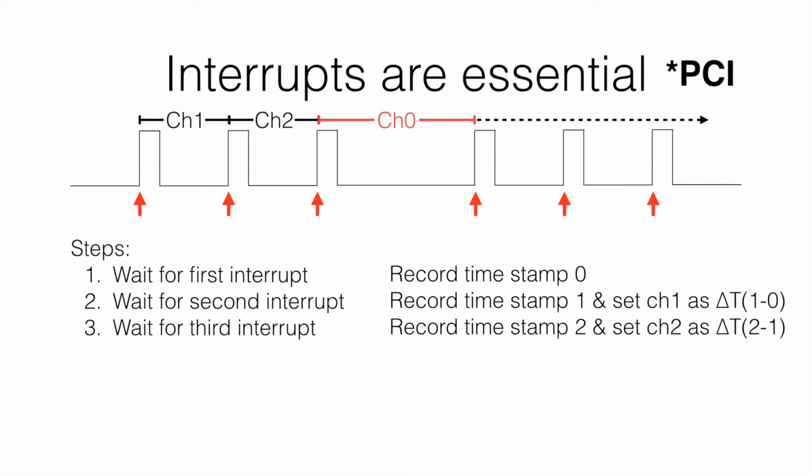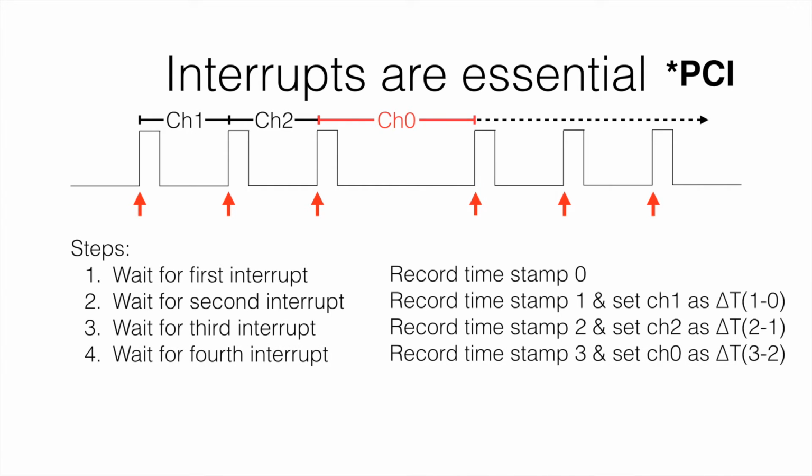Then we're going to wait for the third interrupt, and when the interrupt occurs, record the timestamp and set channel 2 as the time difference between timestamp 2 and 1. Then we're going to wait for the fourth interrupt, and we're going to set channel 0 as the time difference between timestamp 3 and 2. And after that, we are going to go back to step 2. This is because interrupt number 4 is exactly the same as interrupt number 1 because the signal is repeating.